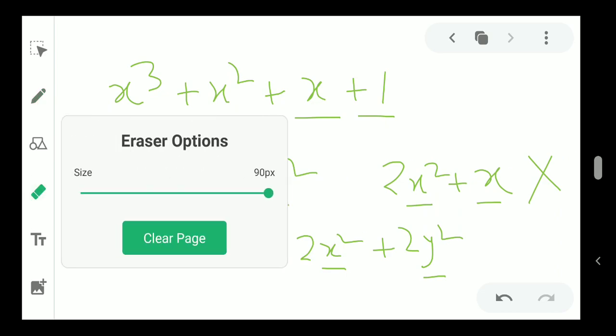Okay, so these are very basic things for our further study. Whatever we are going to do after this class will be a little bit interesting and complex, because we are going to solve very complex equations.